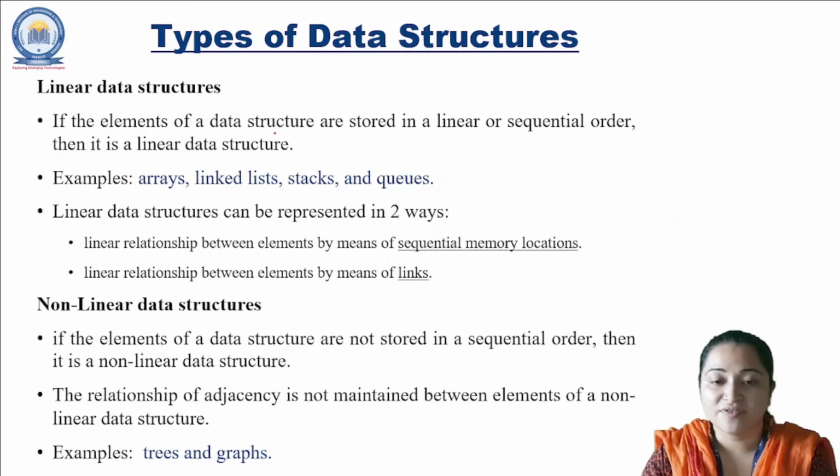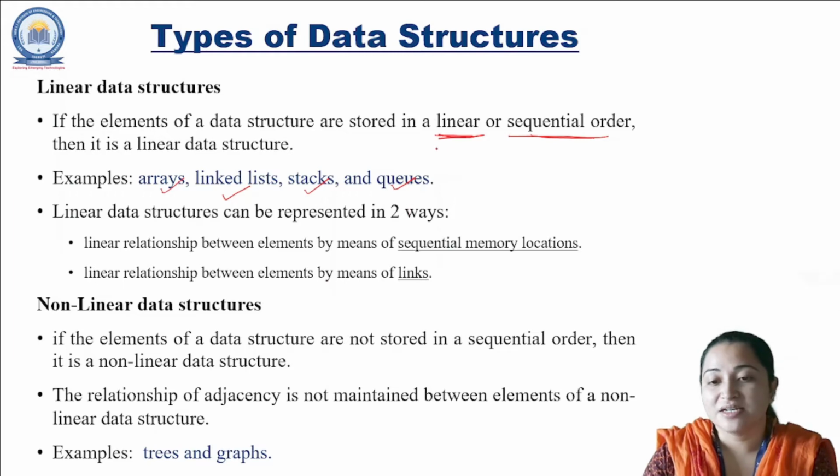If the elements of a data structure are stored in a linear or sequential order, then it is a linear data structure. Whenever we want to store elements linearly or sequentially, then we will use linear data structures. For example, array, linked list, stack and queues.